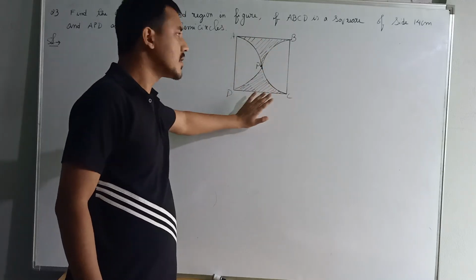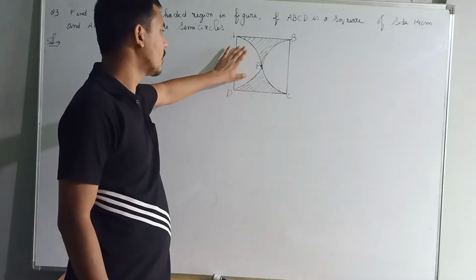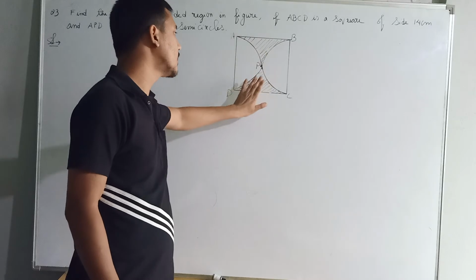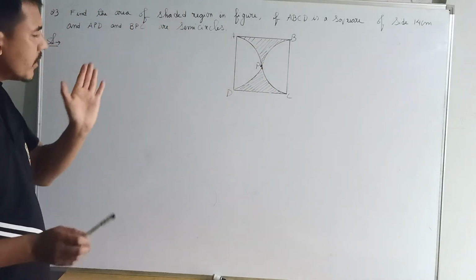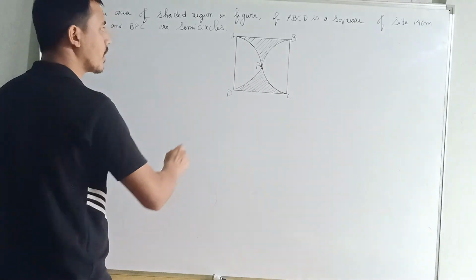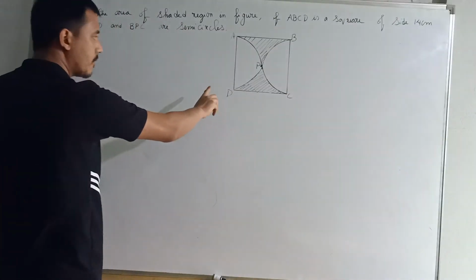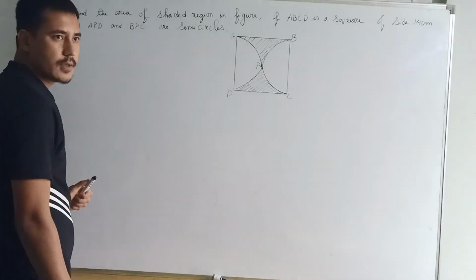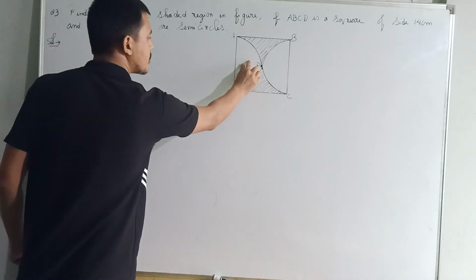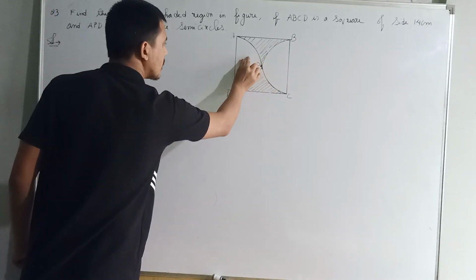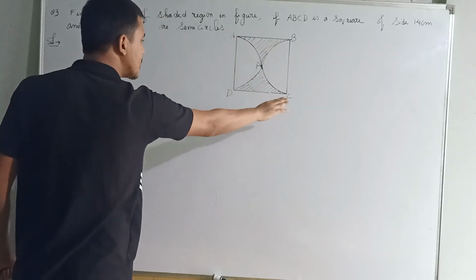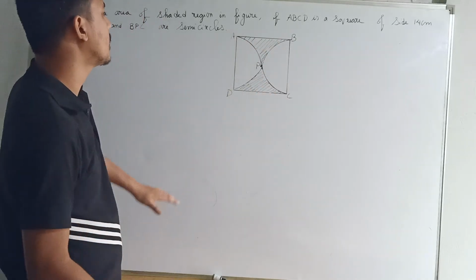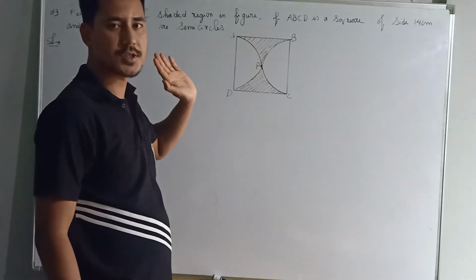So given to you is a square, okay, and we want to find out the area of this shaded region. It's very clear from the figure that from this square ABCD, if you subtract these two equal semicircles, that is APD and BPC, then we get the area of shaded region.